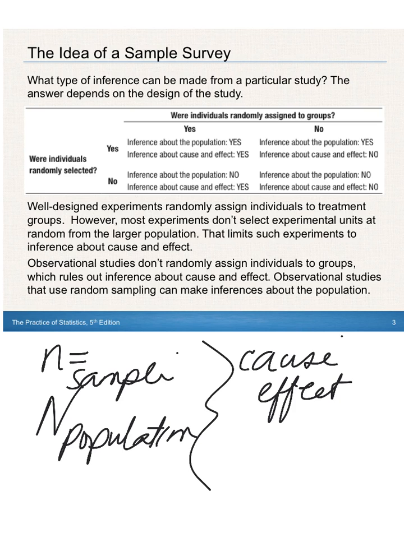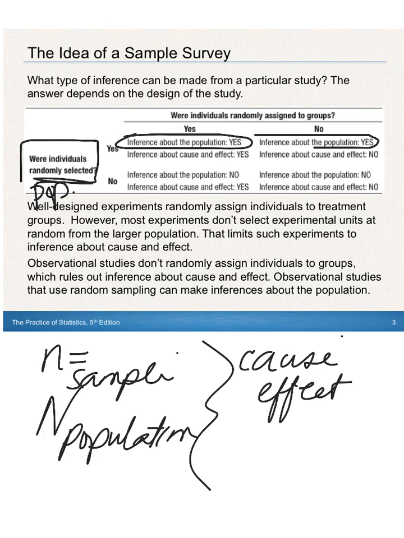So this part has to do with, were the individuals randomly selected from the population? And if they were randomly selected from the population, then we can go ahead and make some inferences about the entire population. Only when they were randomly selected from the population can we do that.